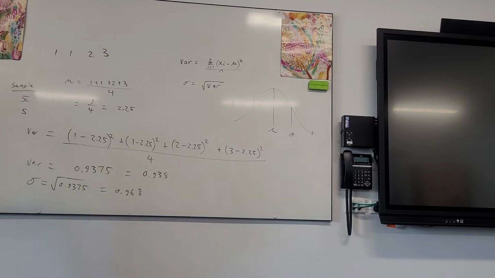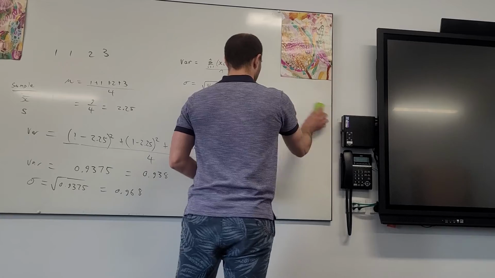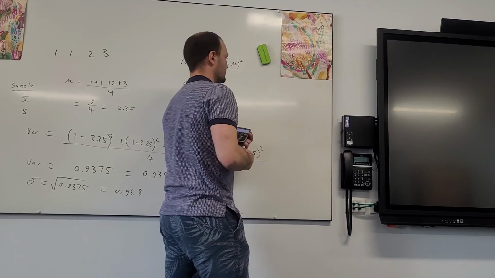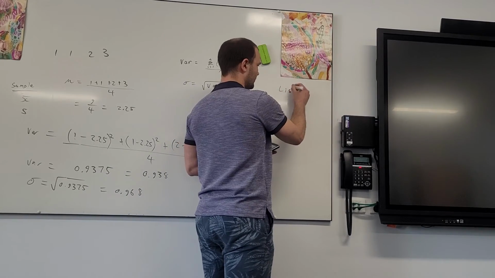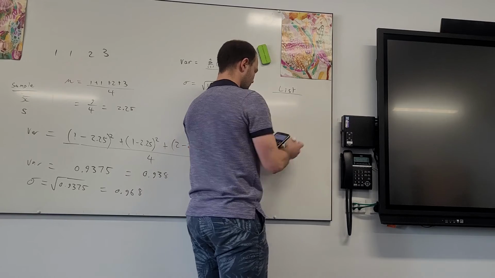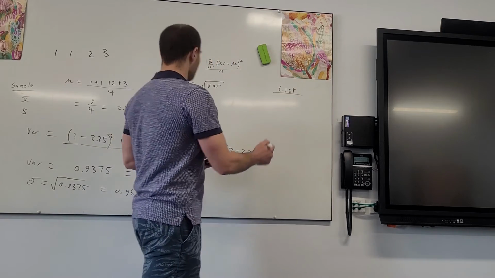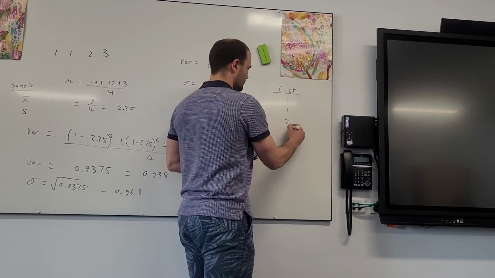Yesterday on Monday, we learned how to do it in our calculator. So let's quickly pull our calculators out and we'll go through those calculator skills again. We're going to put data just in one list. So we're going into statistics. I won't bring it up because I think we're pretty familiar with it at this stage. So just in list 1, I'm going to put the data set 1, 1, 2, 3.